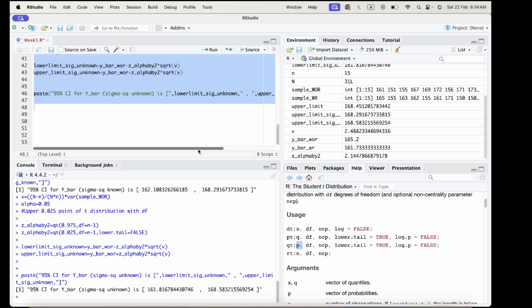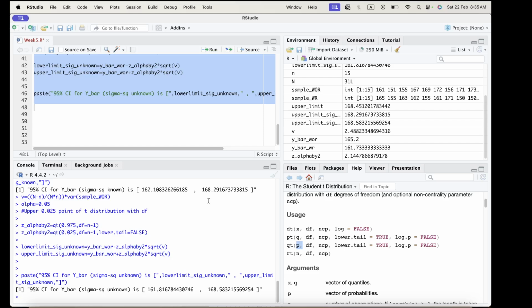and we'll have to see how things go. But usually, when sigma square is known, I'm not estimating sigma square, I'm just putting that value.